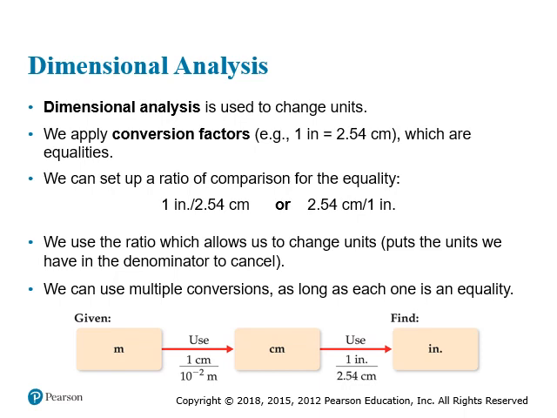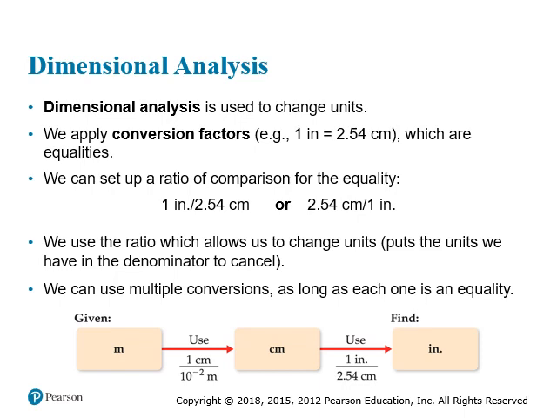1 inch is the same as 2.54 centimeters. So if you have something divided by something that is equal to it, then that value is going to be 1. 1 inch divided by 1 inch is equal to 1. 2.54 centimeters divided by 2.54 centimeters is equal to 1. Anything divided by itself is equal to 1.